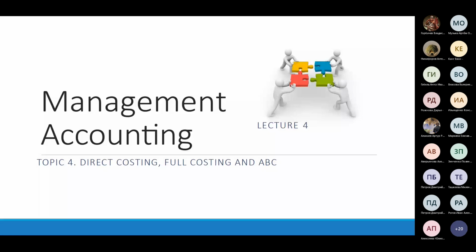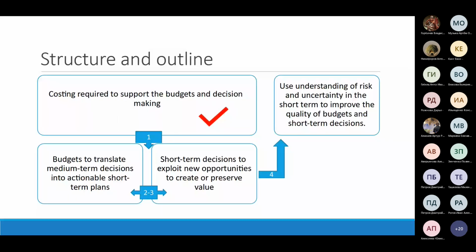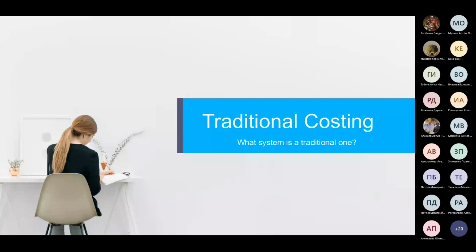So this topic is devoted to direct costing, full costing, and ABC, and we start with traditional costing. Very often you can see this notion in books and relevant articles.